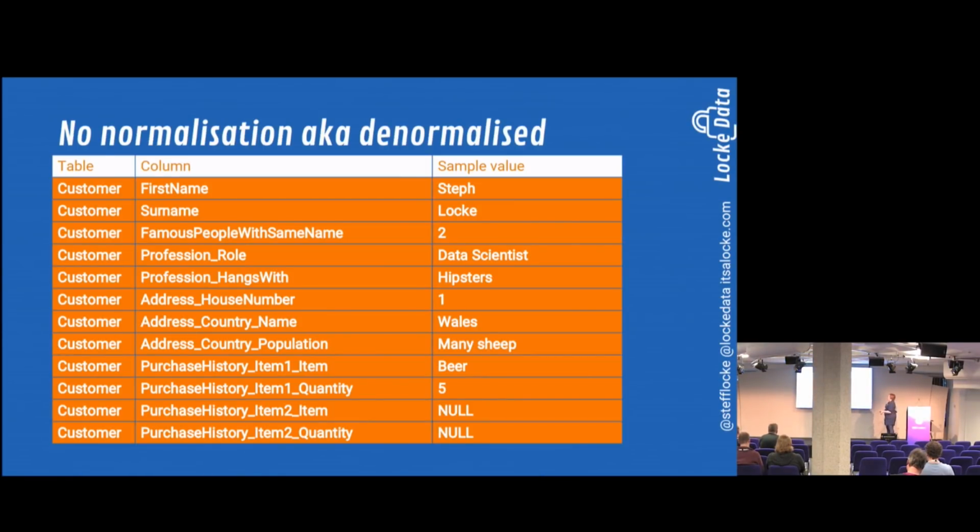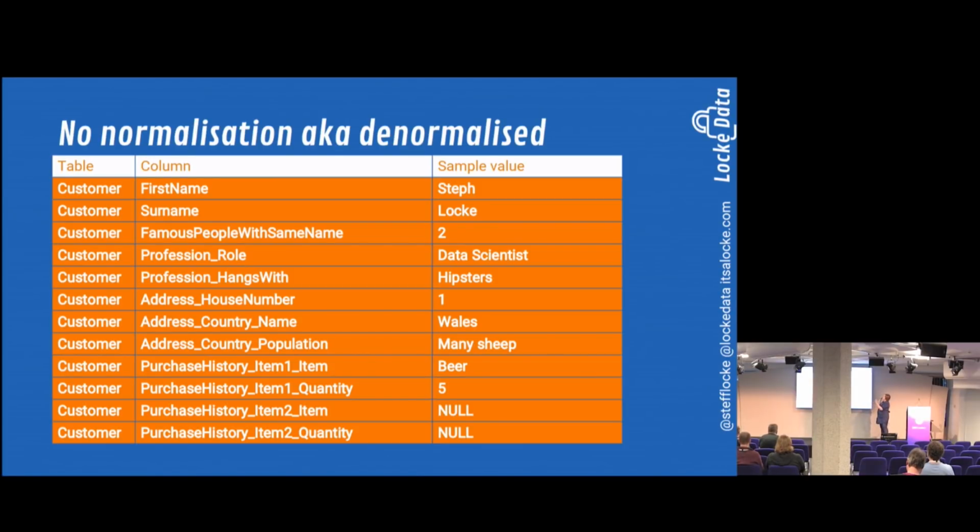So we have some data. This exists in your database. Somebody has a customer table. It has information like names, how many people share the same name, what my job is, and because I'm a data scientist, who data scientists hang out with, which is other hipsters, address details, and some purchases. So I buy a lot of beer. I haven't yet got around to buying anything else.